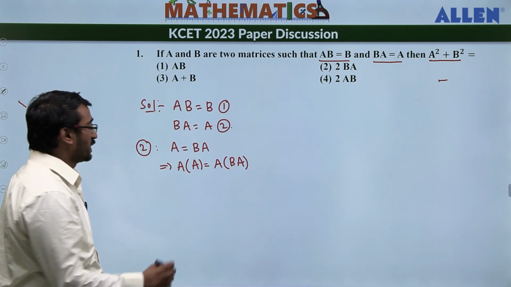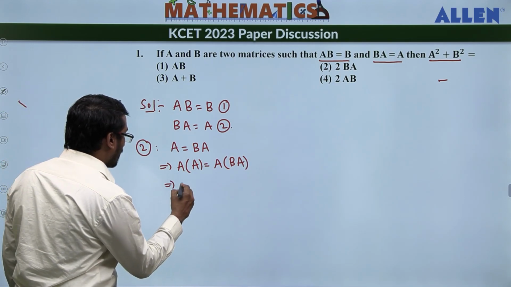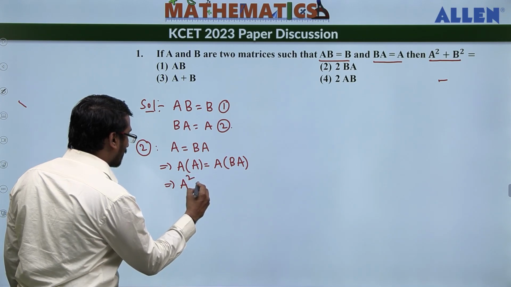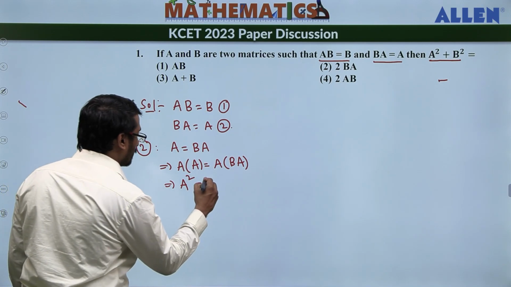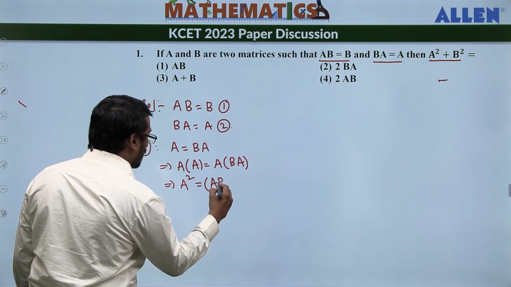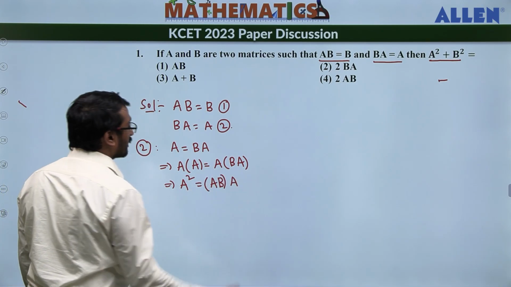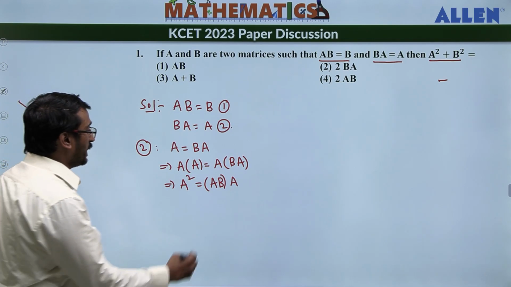So, what is the first one? LHS is A square. Product of matrices is associative. So, AB into A. But what is AB?